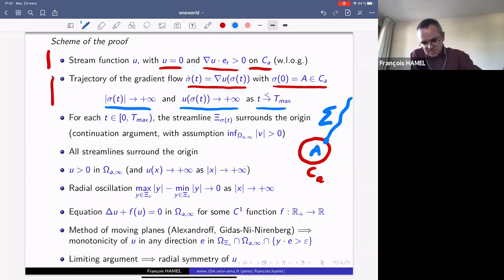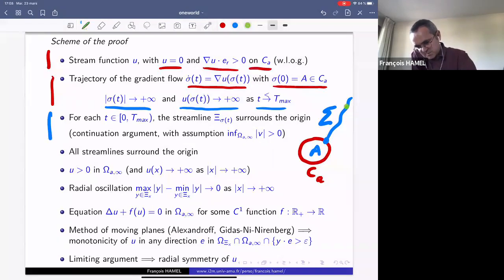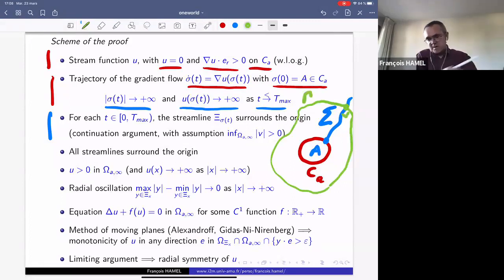And also now I claim that for each point on capital sigma, the streamline containing this point surrounds the origin. So this is streamline capital gamma. So this streamline surrounds the origin.